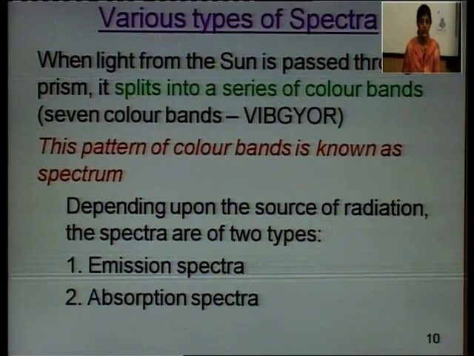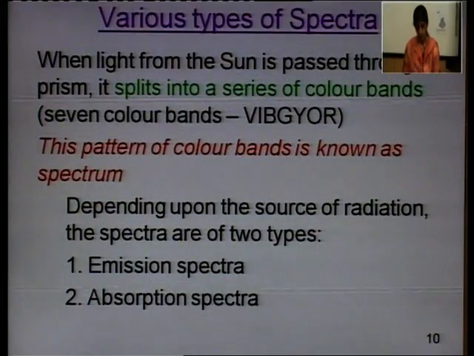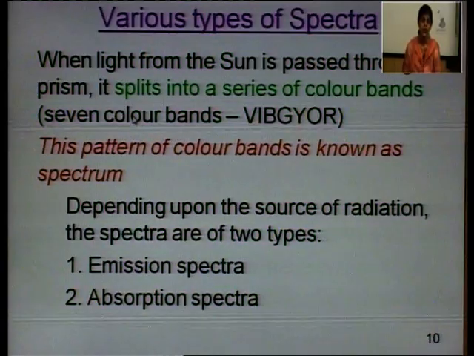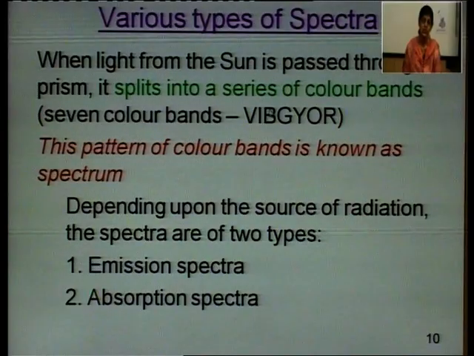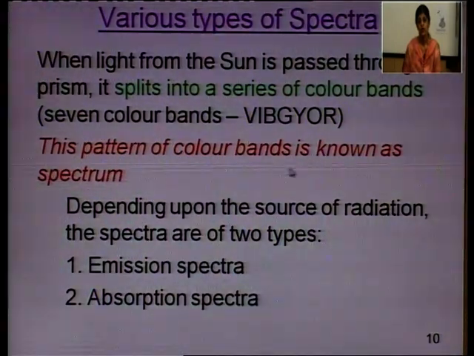So, now let us see the various types of spectra, because before discussing the Bohr's model we should know what is spectra. When light from the sun is passed through a prism, it splits up into a series of color bands. As you all might have seen the colors of VIBGYOR, what we obtain in a rainbow. This pattern of colors is known as a spectrum.